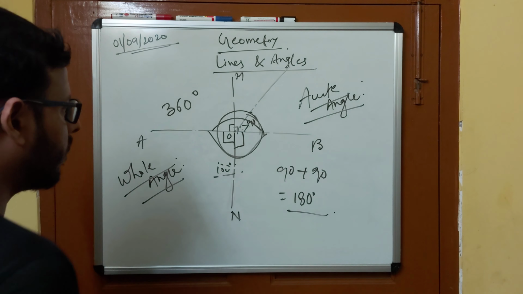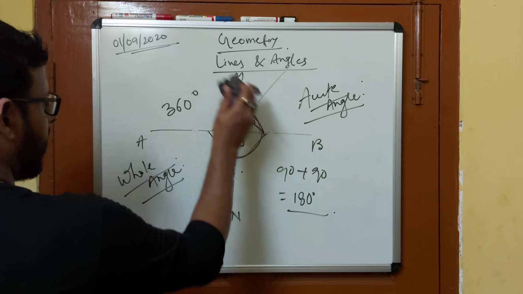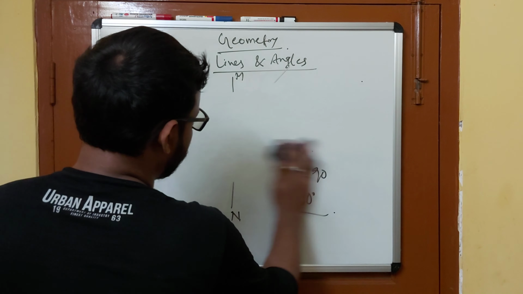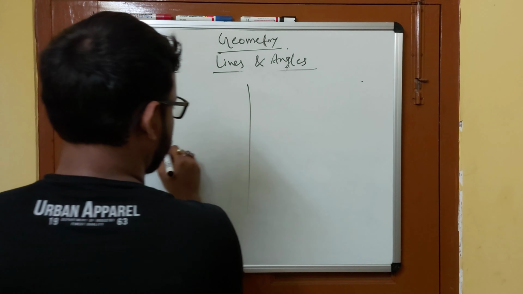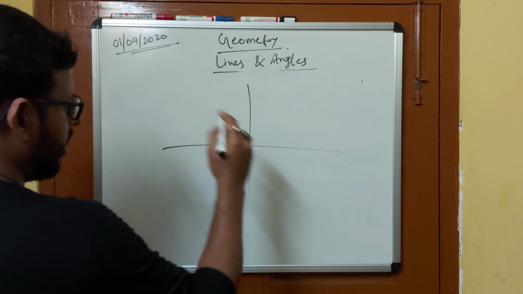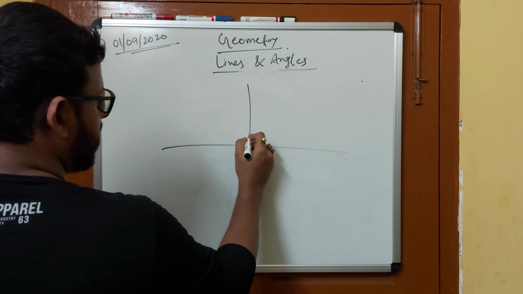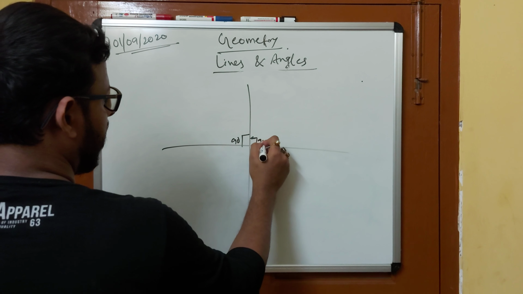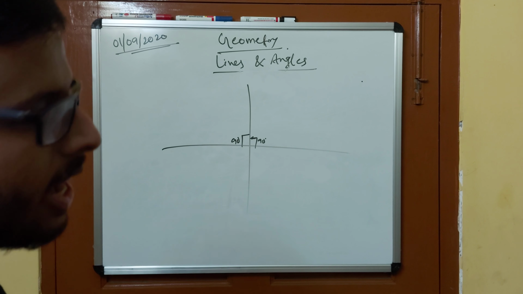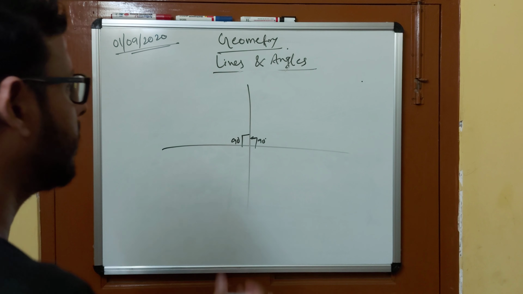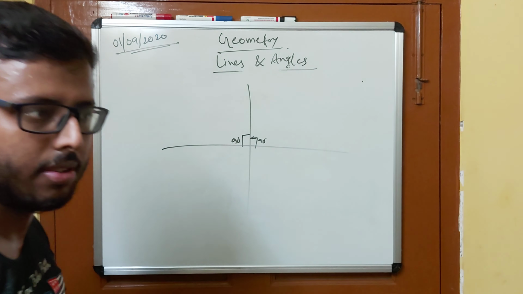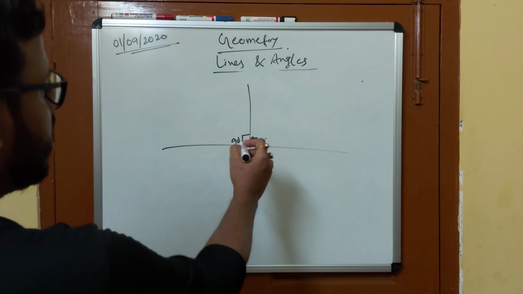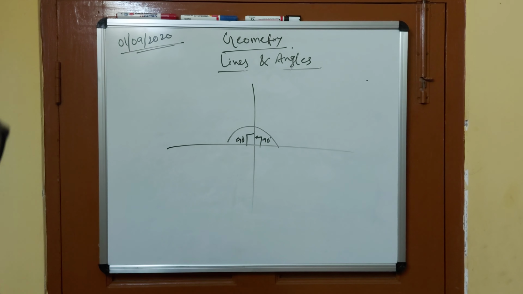Okay, now from the same diagram, this angle is 90. Similarly, this angle is also 90. Now if we draw any angle which is greater than 90 degree but less than 180 degree, are you clear? Look, this total is 180 degree, right?